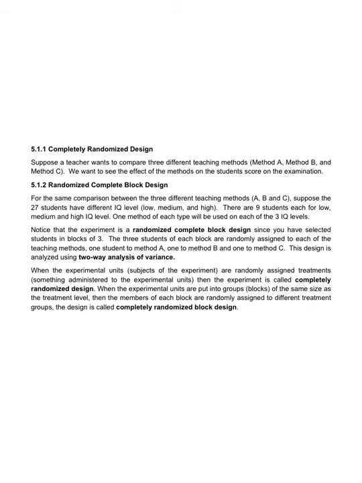Okay, so for CRD, let's say we have methods A, B, and C. Method A we apply to 9 students, method B 9 students, and method C also 9 students. How do we assign the 3 methods to the 9 different students? We do it randomly.